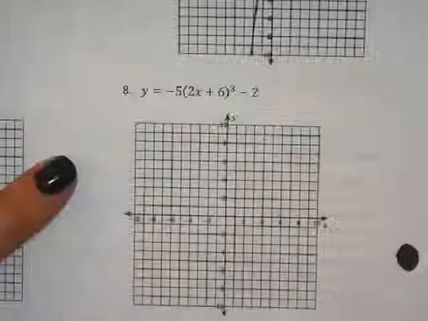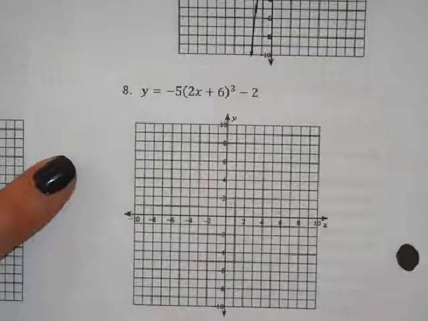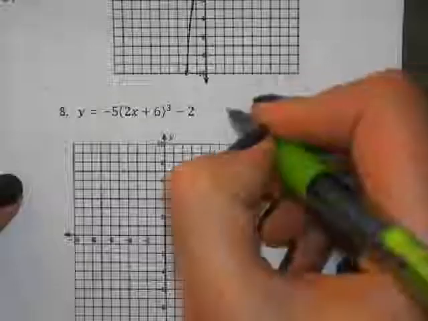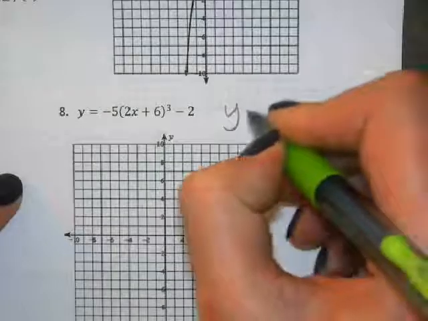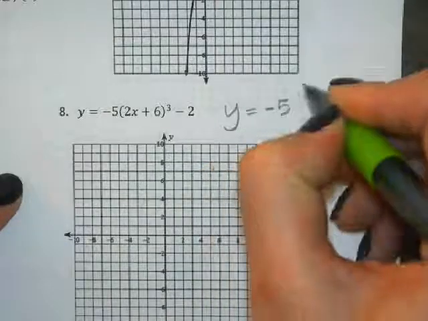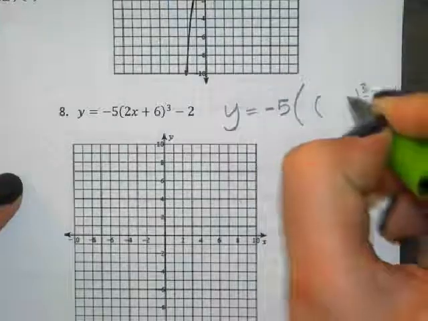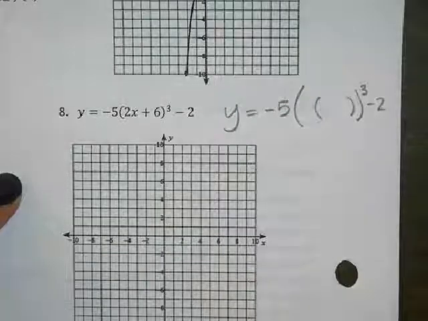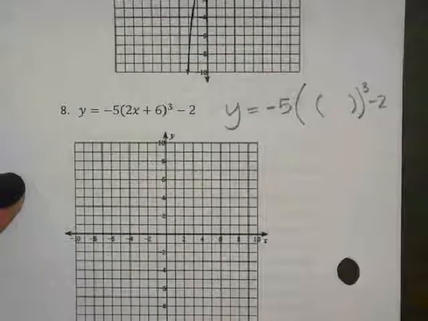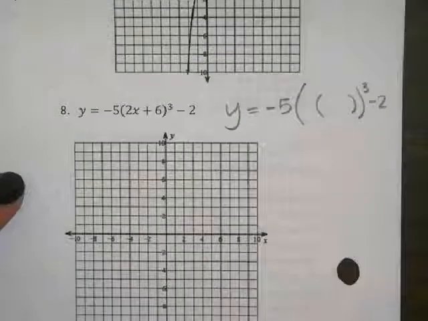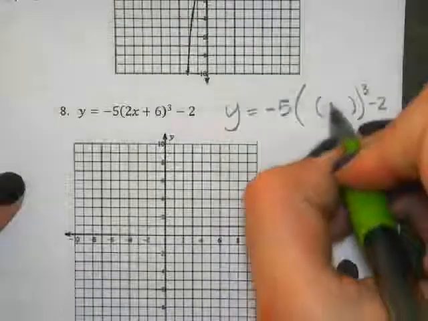Is number 8 ready to work with? No. So we got to fix this one as well. I'm going to keep the -5 in the very front. And what should I have inside? X plus 3.